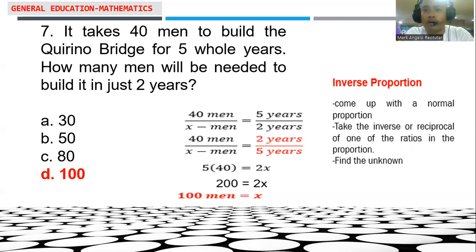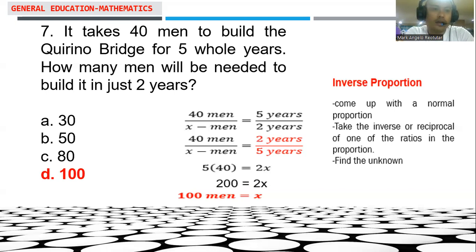So how can we come up with an inverse of an original proportion? First, you need to come up with a normal proportion that may serve as your original proportion. Then take the inverse or reciprocal of one of the ratios in the proportion and find the unknown. Okay? So yun yung magiging process natin in order for us to look into its inverse proportion.